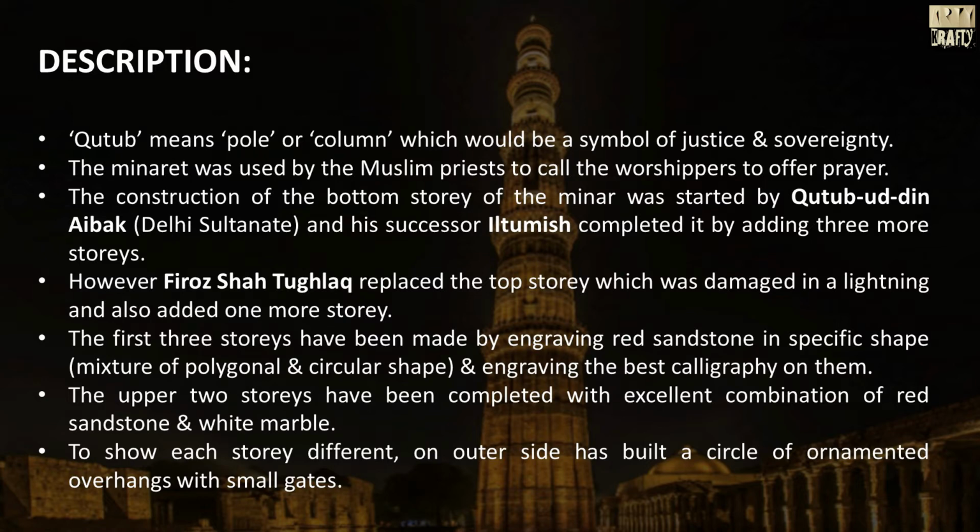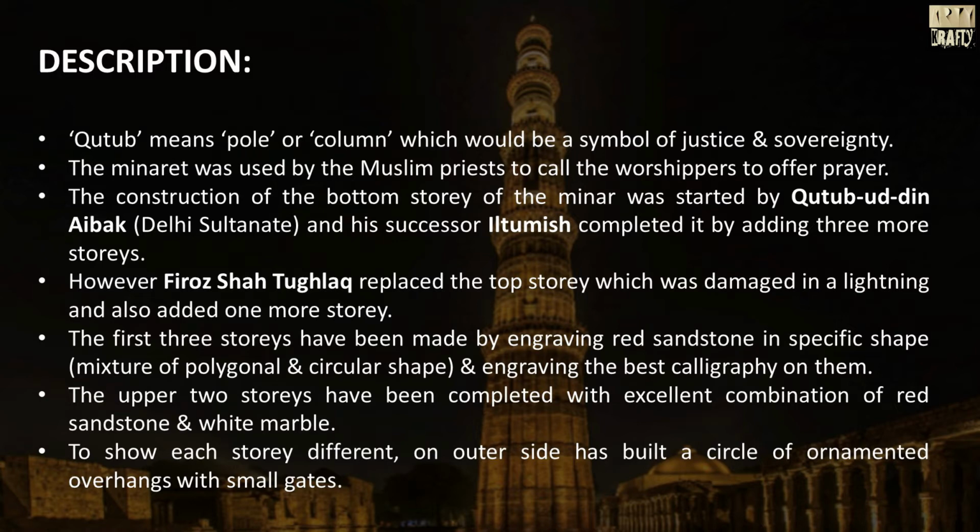The construction of the bottom story of the minar was started by Qutubuddin Aibak, Delhi Sultanate, and his successor Iltutmish completed it by adding 3 more stories. However, Firoz Shah Tughlaq replaced the top story, which was damaged in a lightning, and also added 1 more story.